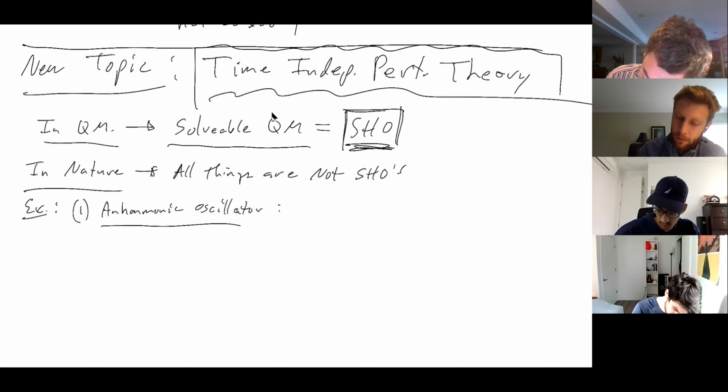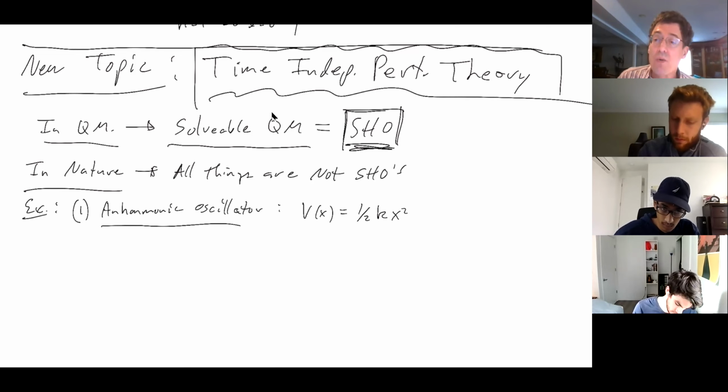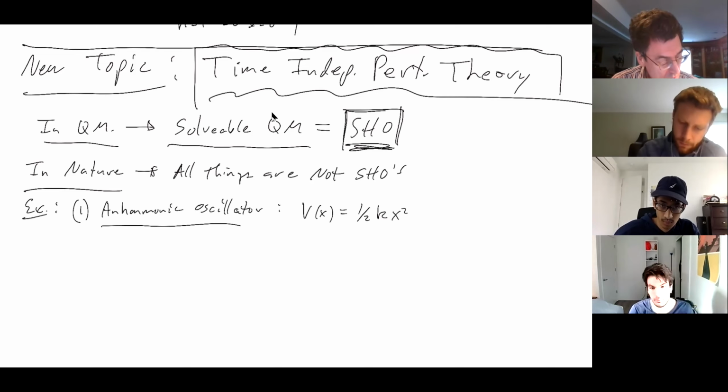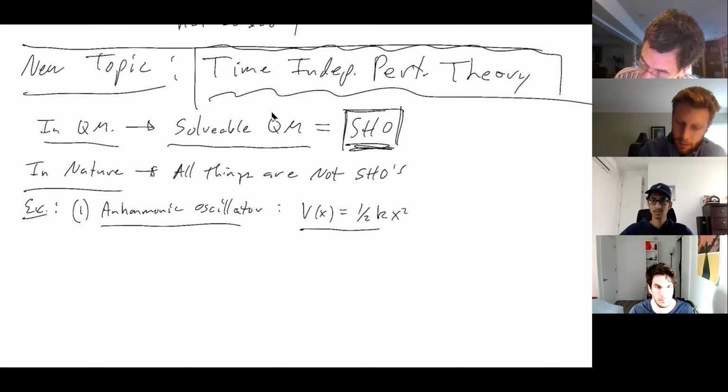If I have a particle with a potential energy of 1/2 kx squared, where k is a constant, what do I call that particle? Someone tell me. I'm asking you a question. If my potential looks like this, I just underlined it, then what do I call that particle?